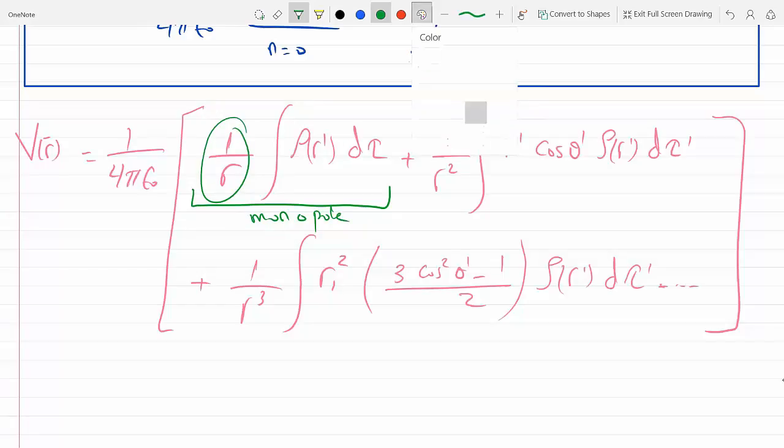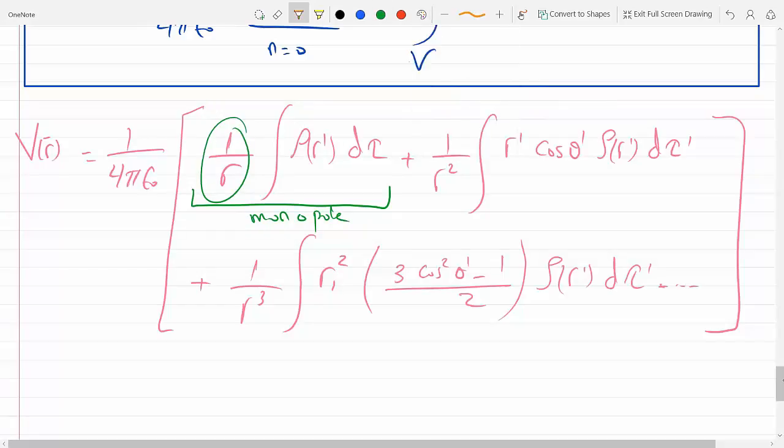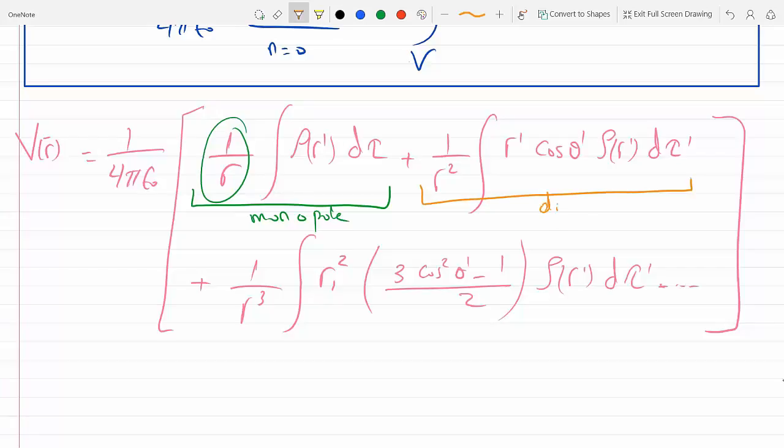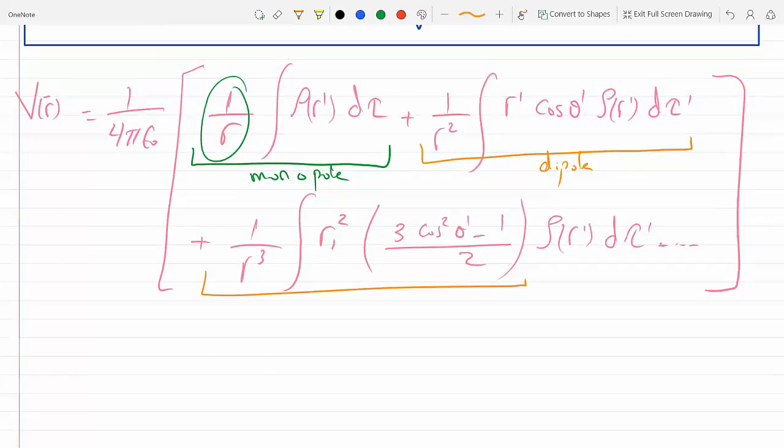The second one is inversely proportional to r squared, and so this is the dipole one. And the third goes as 1 over r cubed. So which one is this? This is the quadrupole.